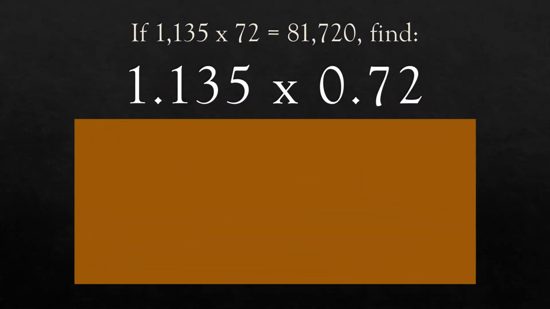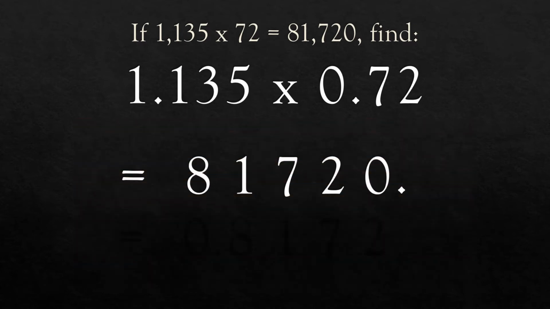Let us solve one more example. If 1135 multiplied by 72 is equal to 81,720, find the value of 1.135 multiplied by 0.72. If we ignore the decimal point, the product remains the same. That is 81,720. Now count the digits after decimal in 1.135 multiplied by 0.72.